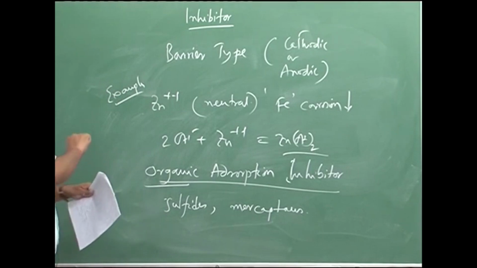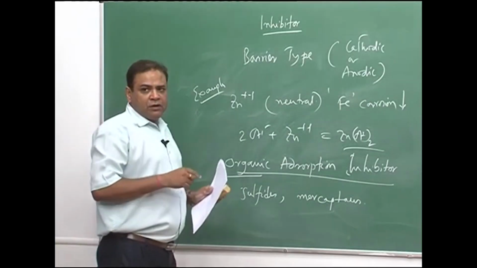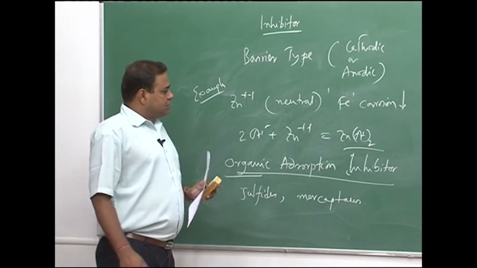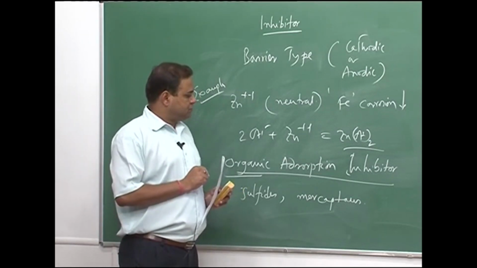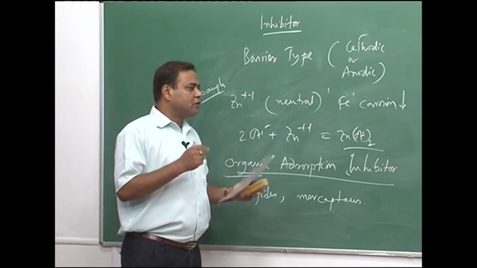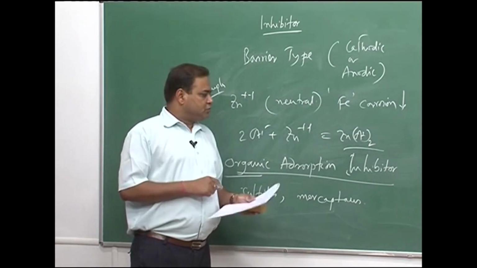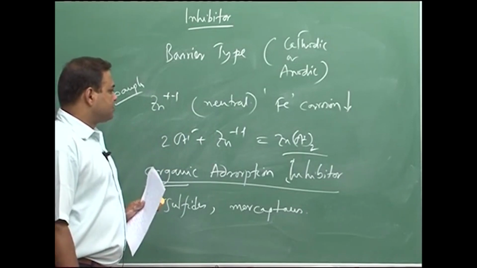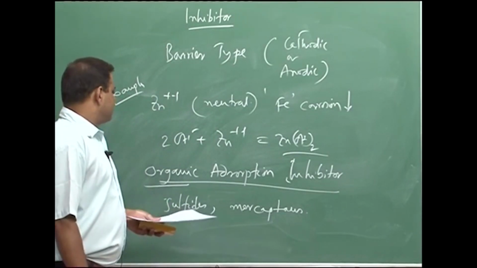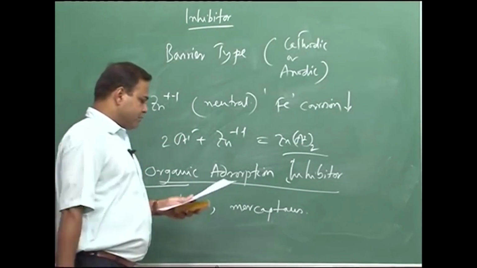What do they do? They form an oily layer on the surface, and once we have the oily layer, this can prevent adsorption of hydrogen on the metal surface, or it can prevent the solvation of metal ion. So, if we prevent any of the steps which are needed for corrosion, we can prevent the corrosion.